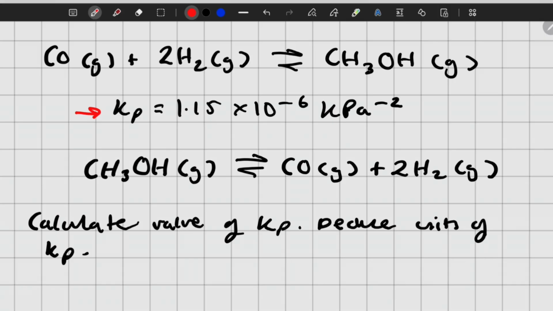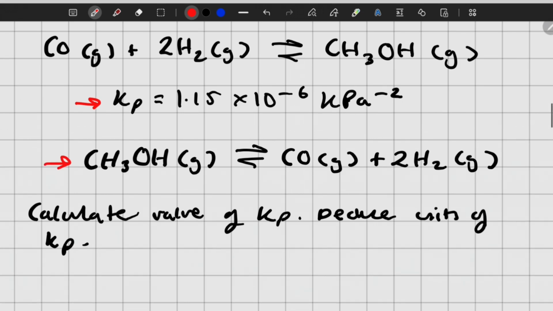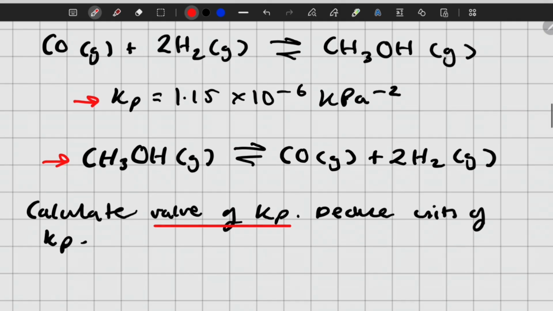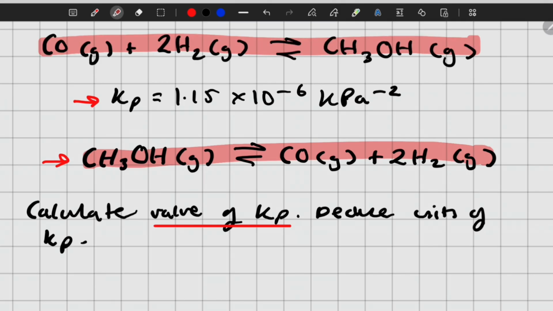Then they give us this equation: 1 mole of methanol into 1 mole of carbon monoxide plus 2 moles of hydrogen. It says calculate the value of Kp and deduce the units of Kp. Now, what I noticed is that this equation is just the reverse of the first equation. It's just flipped, basically.